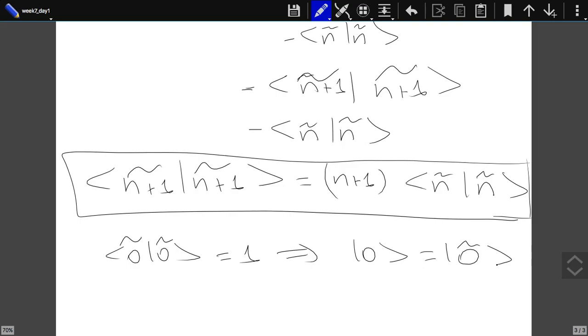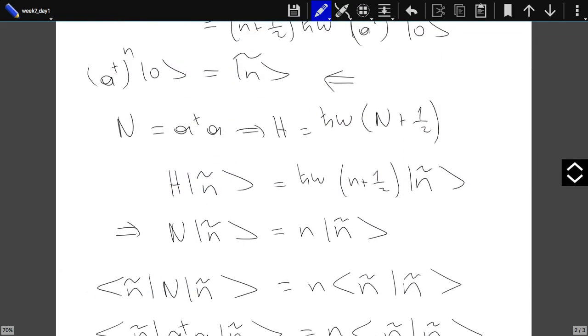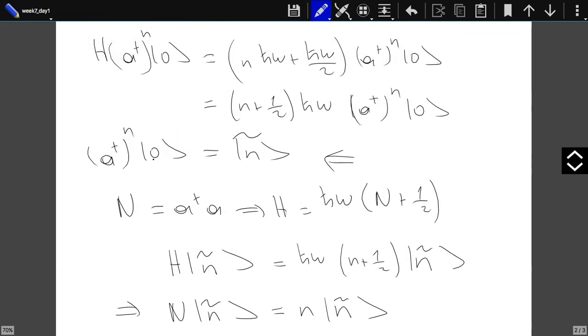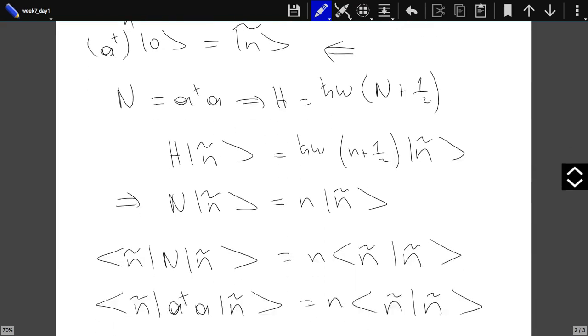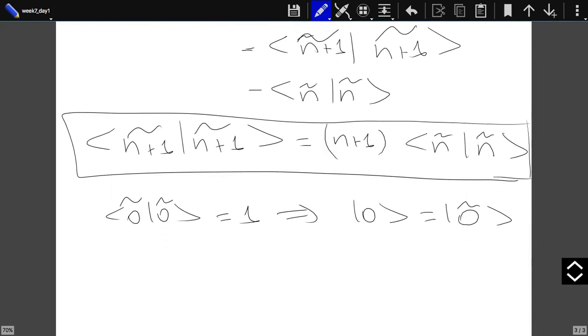My states were not properly normalized a priori, so that's why I'm putting the tilde. But since I can choose the normalization of this ground state arbitrarily, and I'm defining all the other states using the ground state, I'm free to choose the normalization of my ground state, but not the normalization of the other states. These tilde states, their normalization is fixed by the normalization of the ground state.